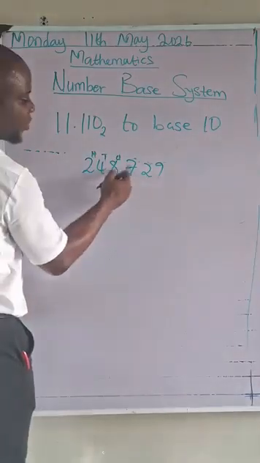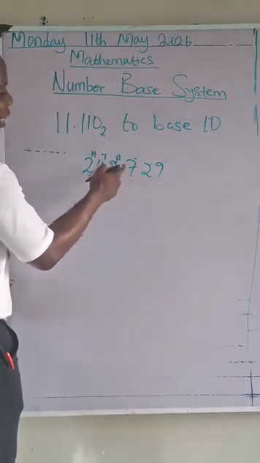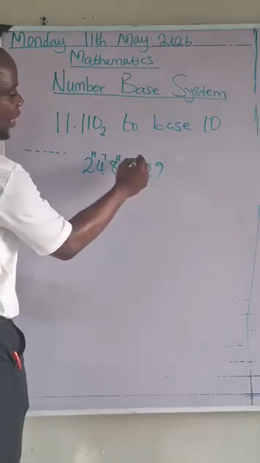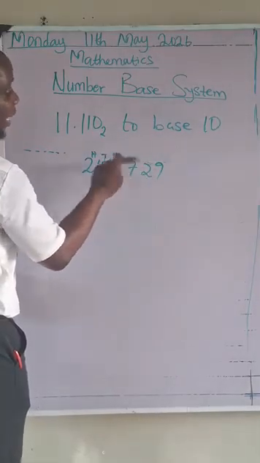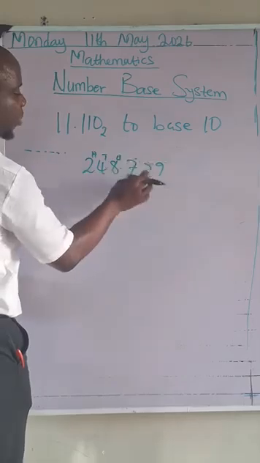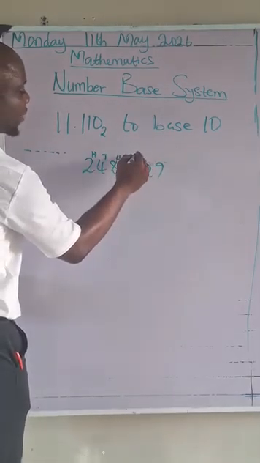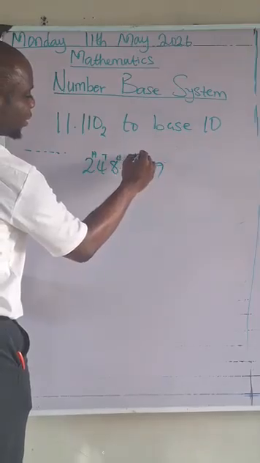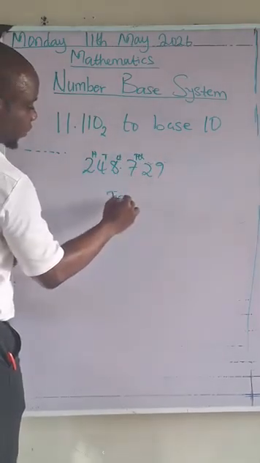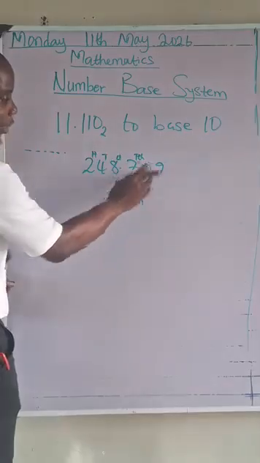Now, any number that comes after the decimal point becomes what? Behind the decimal point, from here you have the tenth. Okay?